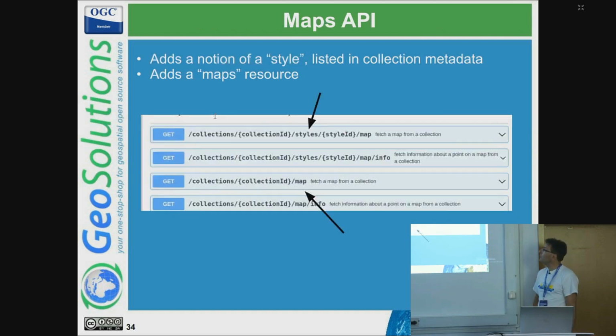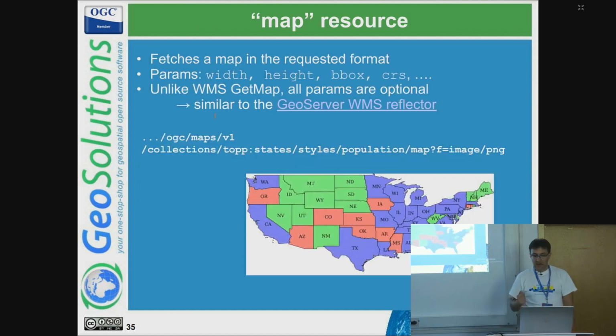The Maps API also introduces the notion of a style with a style identifier, just like in WMS, so that you can have multiple representations of the same resource. And then you have a map resource, which is to get the map. The nice thing about the Maps API is that it looks a little bit like WMS, but no parameter is actually mandatory. Well, besides the collection name.